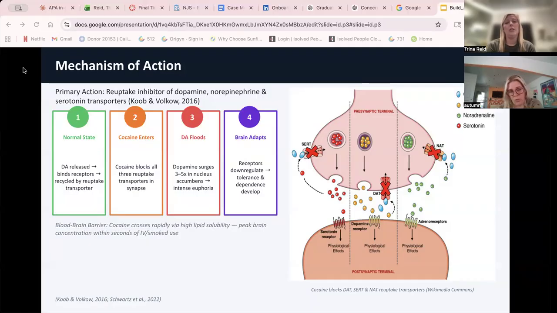Normally, meaning in a sober brain, dopamine gets recycled back through the transporter. Cocaine blocks it, and dopamine floods the nucleus accumbens, producing intense euphoria and resulting in that addiction. And over time, the brain adapts by reducing receptor numbers, building tolerance and dependence.